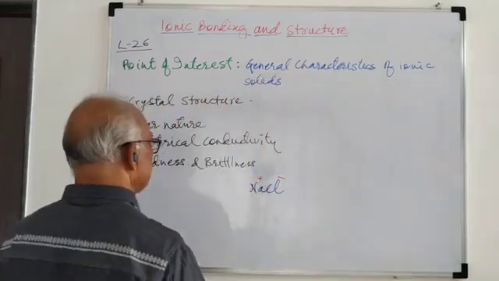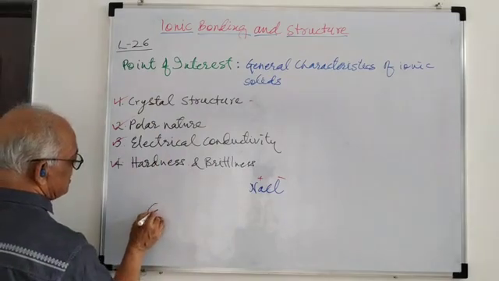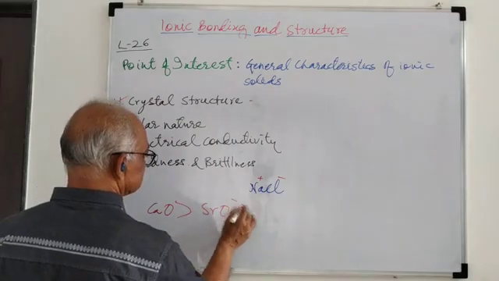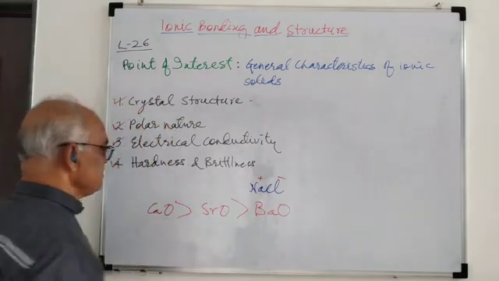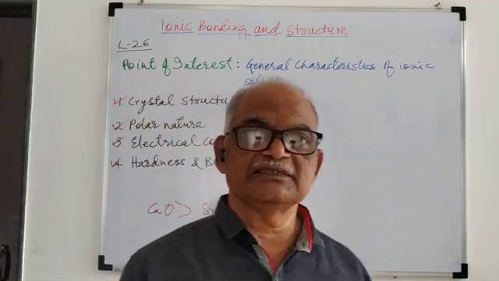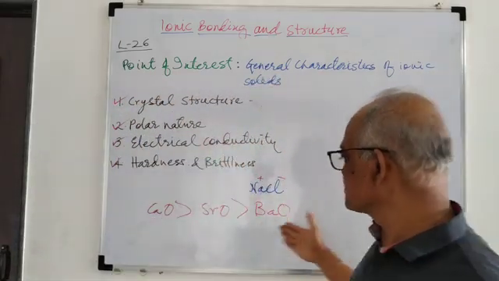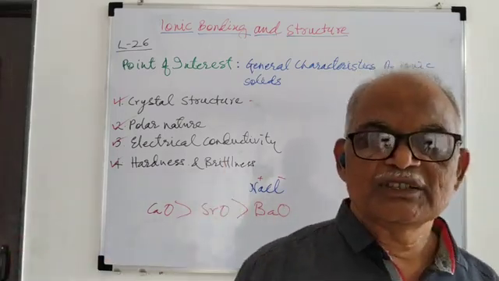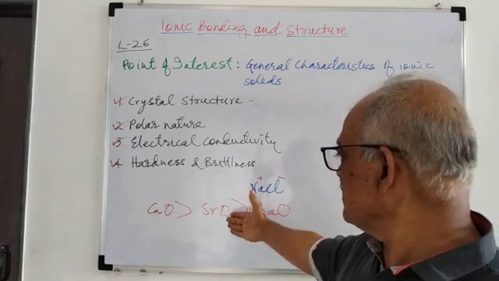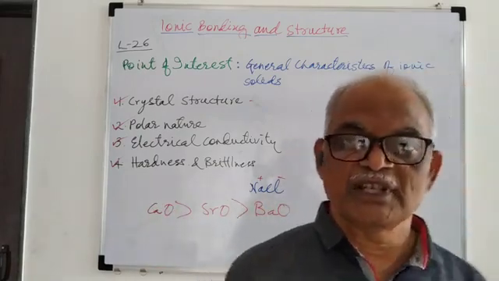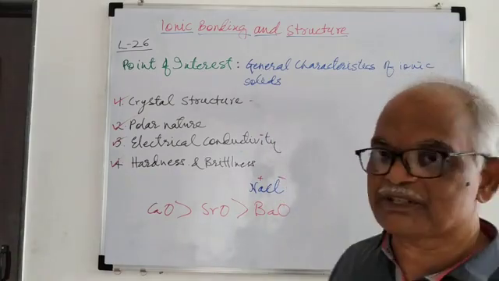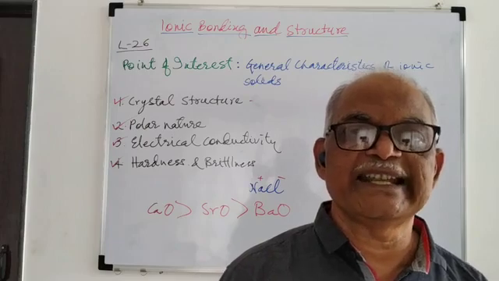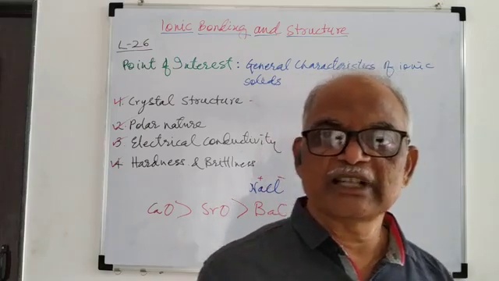If we consider CaO, SrO, BaO, in this order the interionic distance increases and the hardness decreases in the same order. So in this way we can explain the behavior of the hardness of the ionic solids.